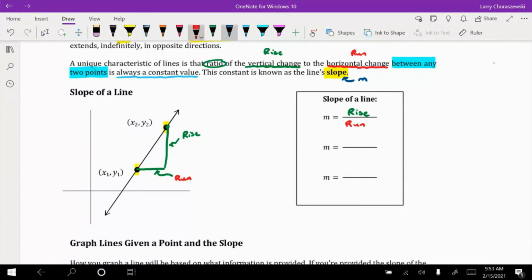The next version is helpful when we have 2 points on the line, like we do here, and we want to calculate the slope using their coordinates. So I'm going to label the x-axis and y-axis based on how these points are written out. I'm back down at this bottom point. Directly underneath it on the x-axis will be its x-coordinate x1, and directly to the left of it on the y-axis will be the y-coordinate y1, and I'll do the same with the very top point.